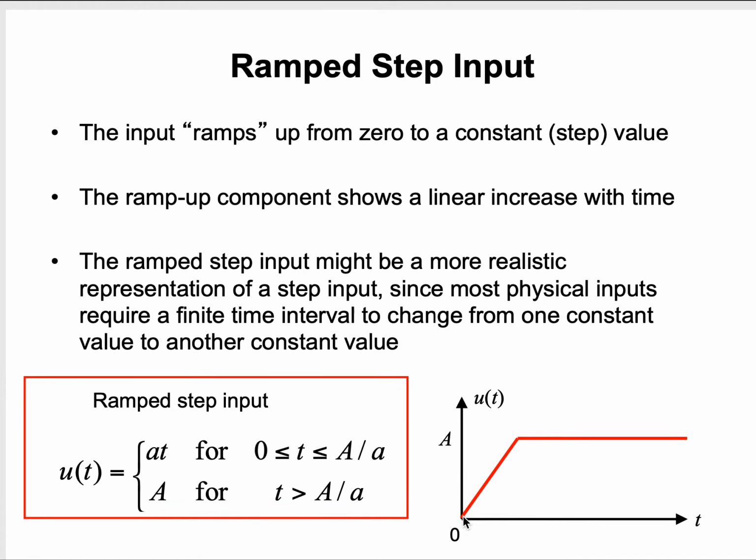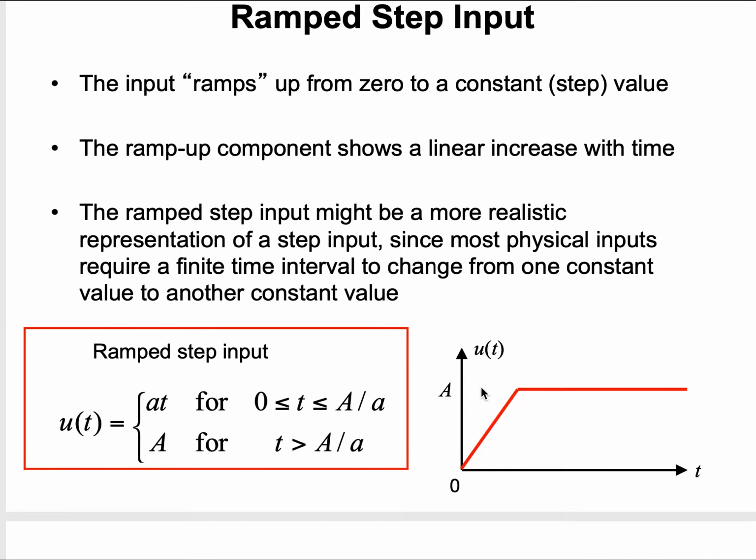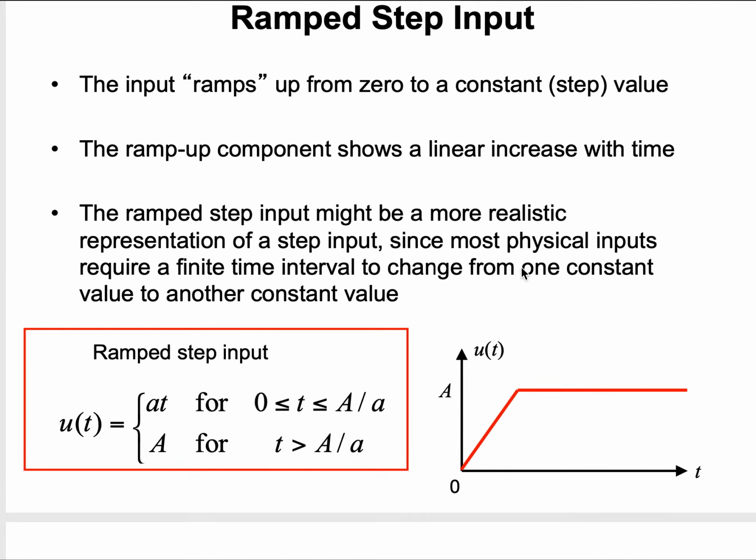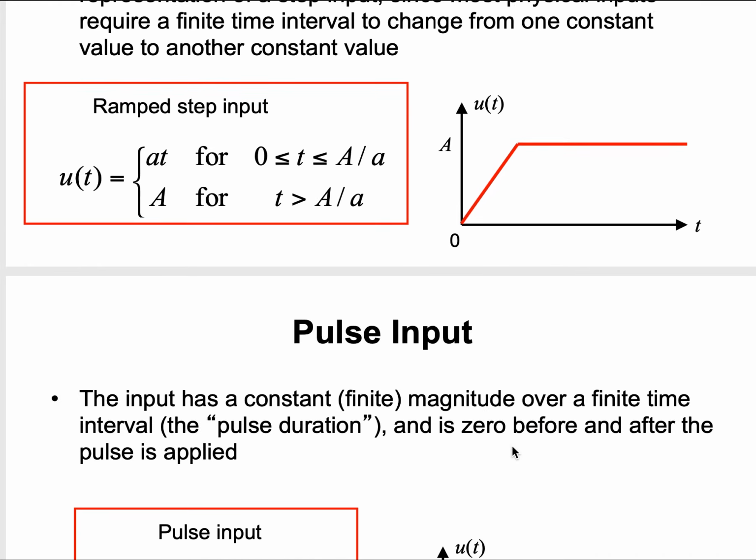So I gradually increase it as a ramp to its steady state final value, and then it's constant. It's a more realistic representation of a step input, because we need a finite time to reach that step. It is shown mathematically in this form: a times t between that time, and then after this time it's constant value a.